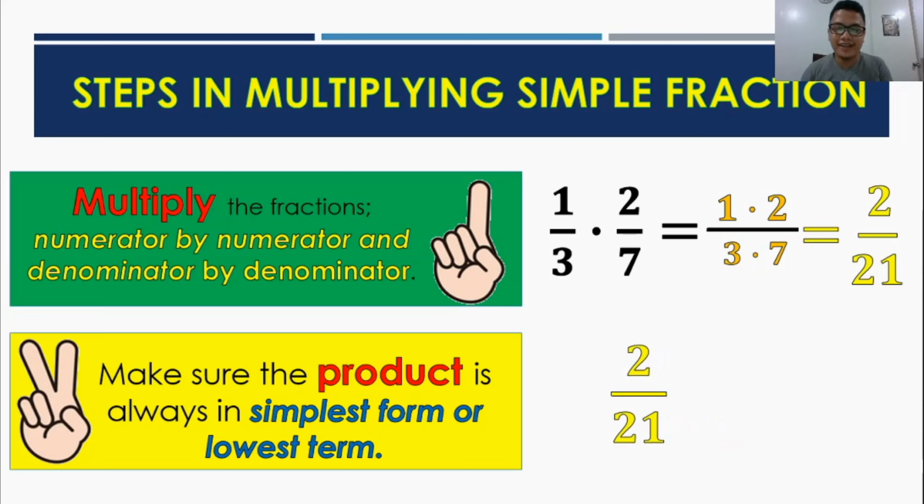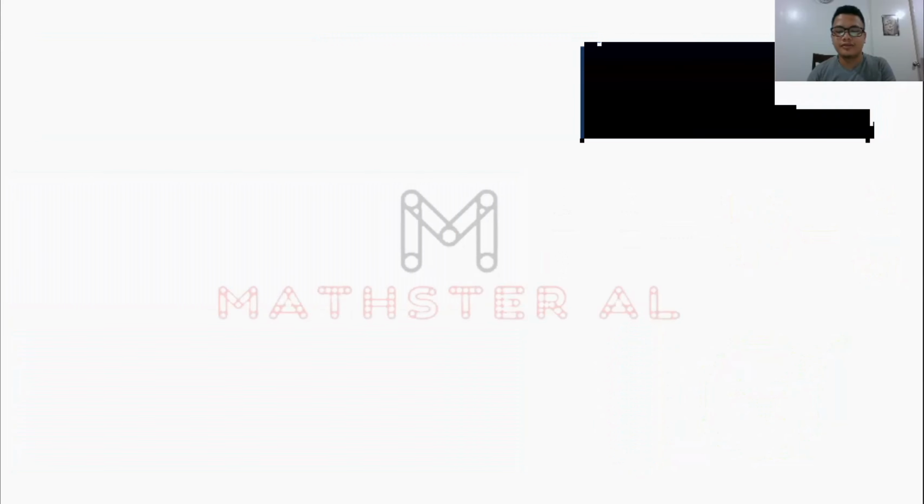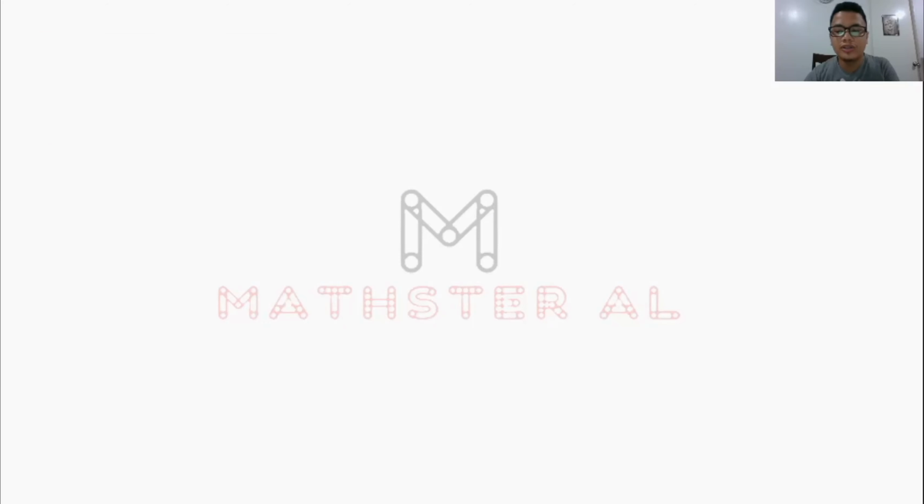Is 2 over 21 simplified? Yes, it's simplified. So therefore, our final answer is 2 over 21. I hope you understood already all the steps in multiplying fractions, but if you need more examples, you may continue the video, but if not, you may end it.